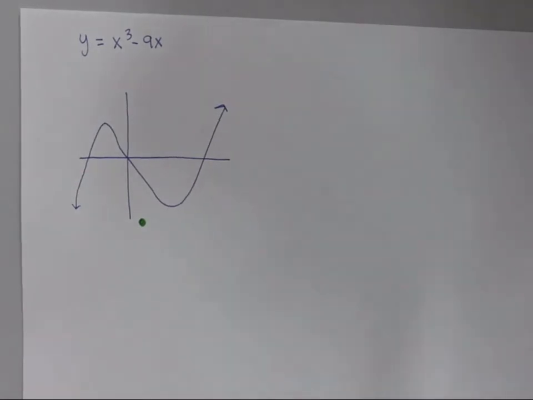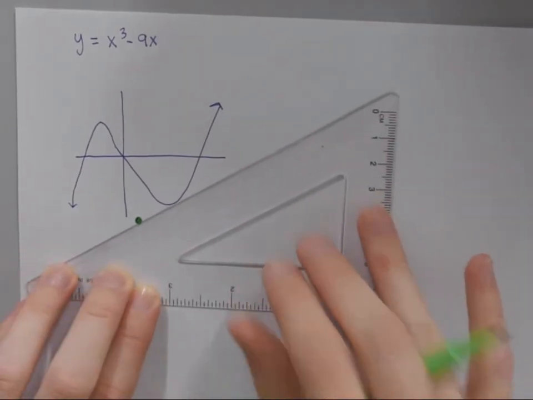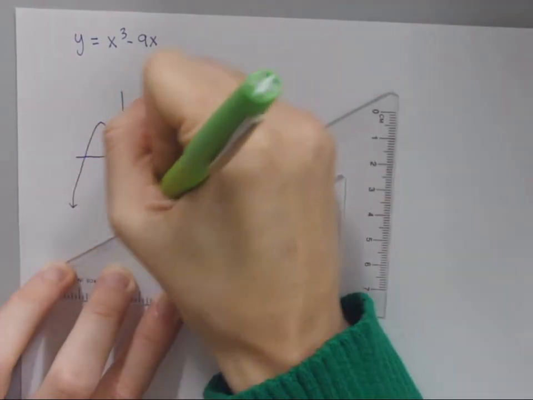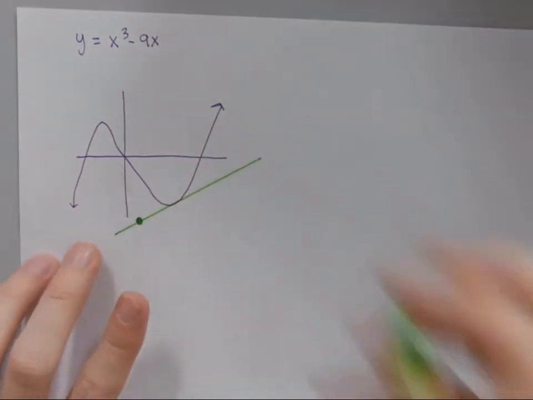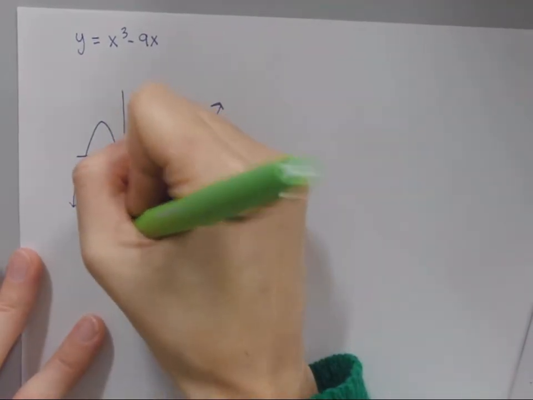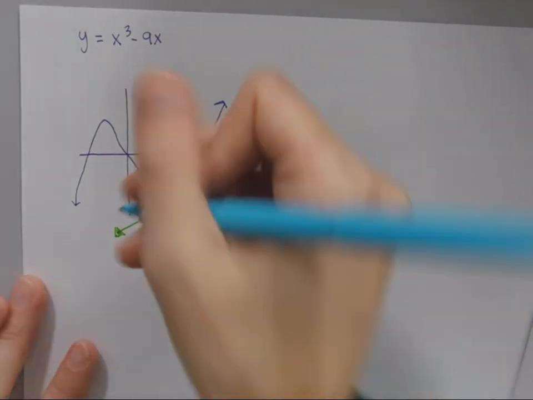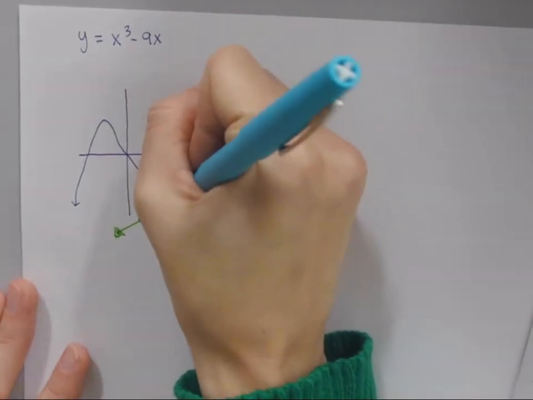Again, I'm not worried about the perfection here, but what it wants is a tangent line that goes through that point. The thing that people may or may not realize is that that point is not actually on the curve. That point is out in space. The point that's on the curve is what we don't know.